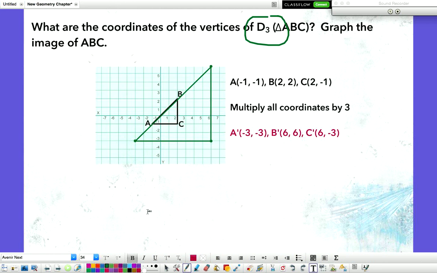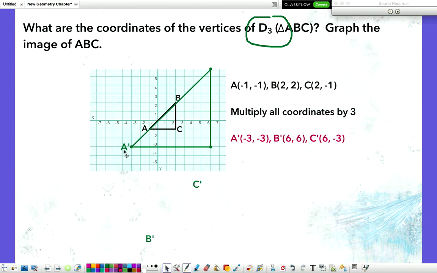Okay, let's label this A prime, B prime, C prime. So do you see how that graph got bigger by a scale factor of 3? That means that triangle is 3 times the size of the original.